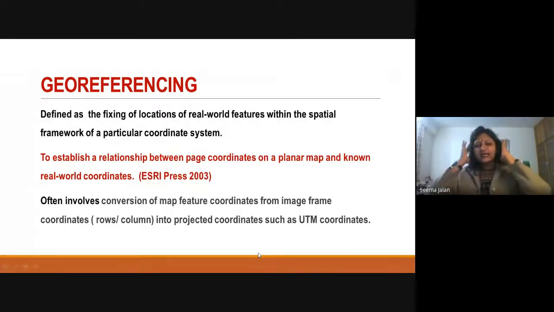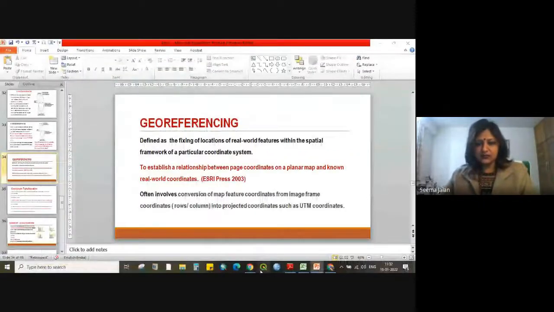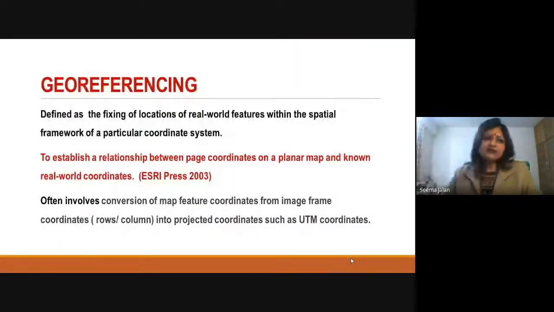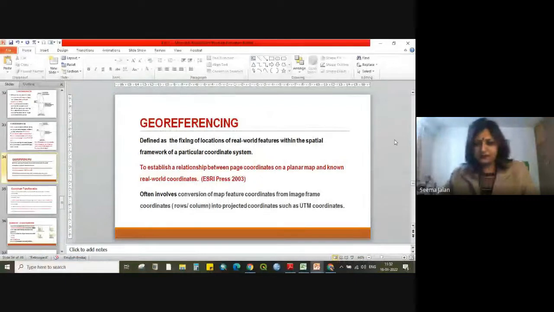When I open that map in the GIS environment and create points, lines and polygons based on that, the problem is that it does not have any location information. We'll just see in the software itself.